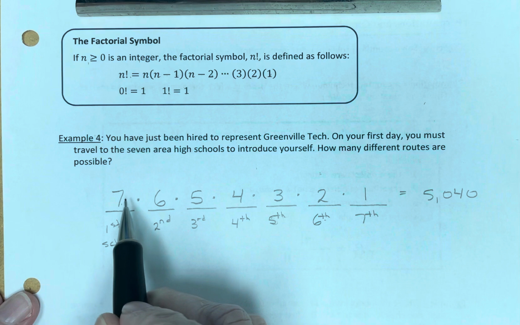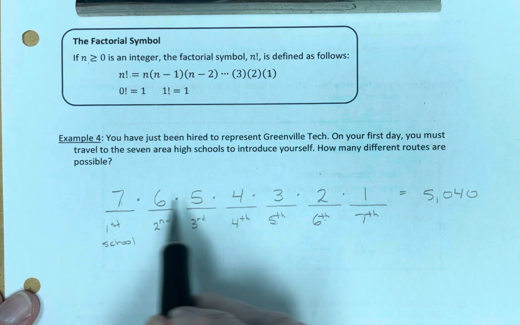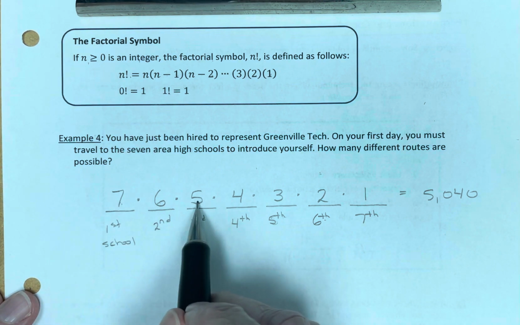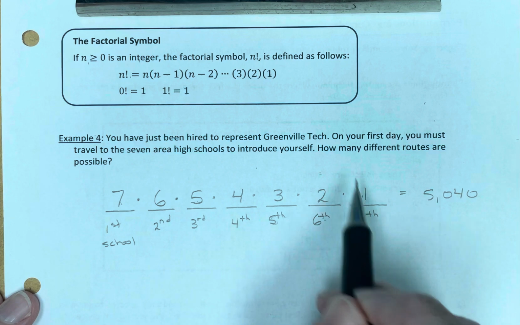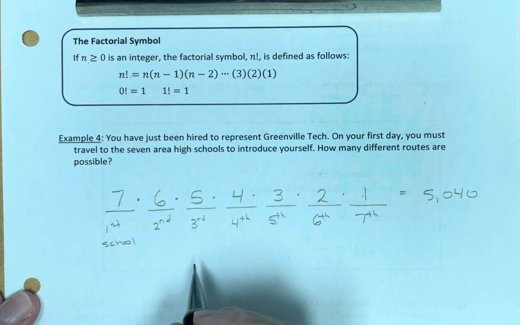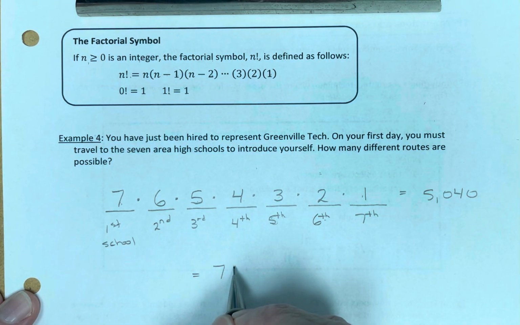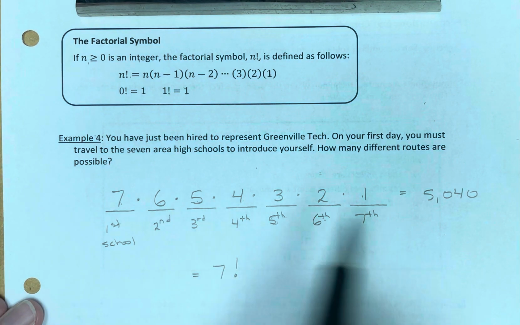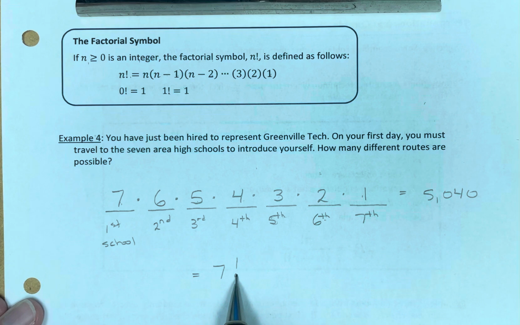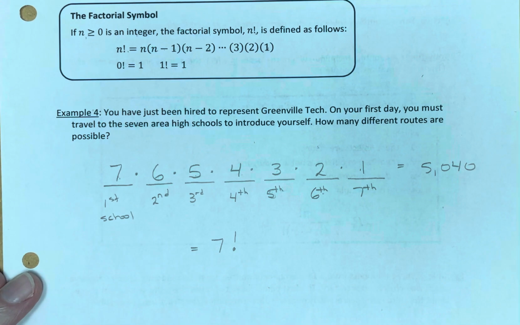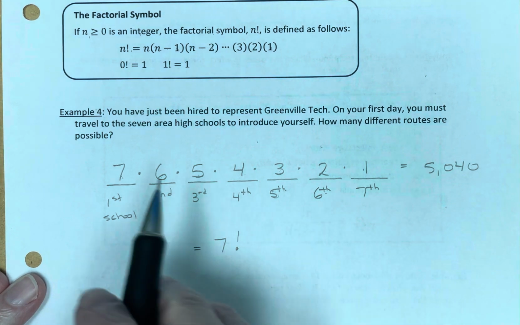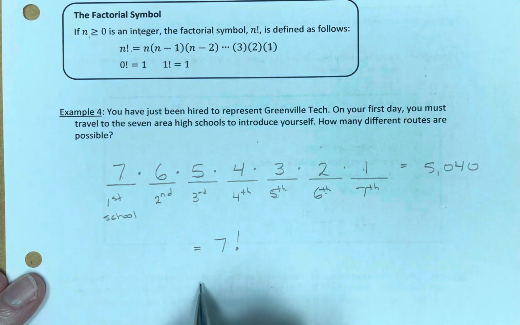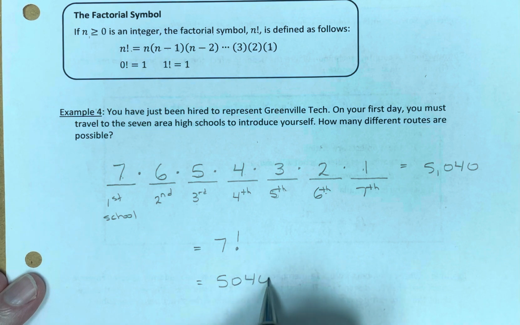Okay, well, 7 times 6 times 5, starting at 7 and multiplying by every number below it down to 1, which is what this says, is the exact same thing as 7 factorial. Okay, so 7 factorial, and this often is on your calculator, the factorial symbol. 7 factorial is quicker probably than doing 7 times 6 times 5. 7 factorial, of course, is the exact same thing, 5,040.